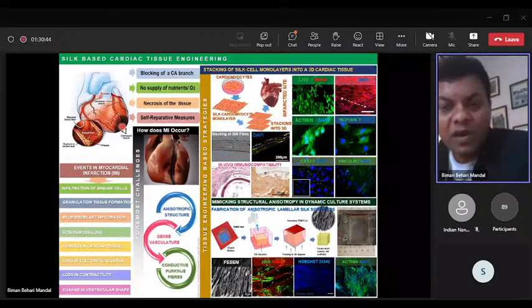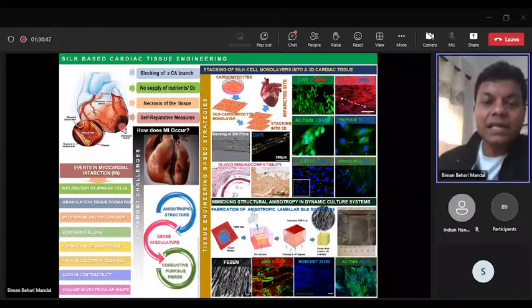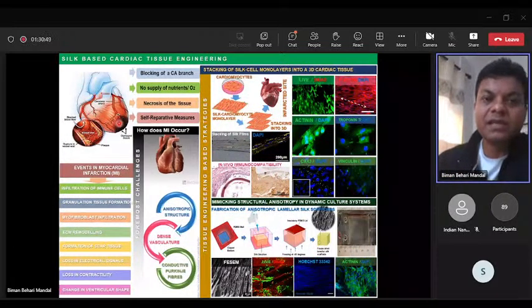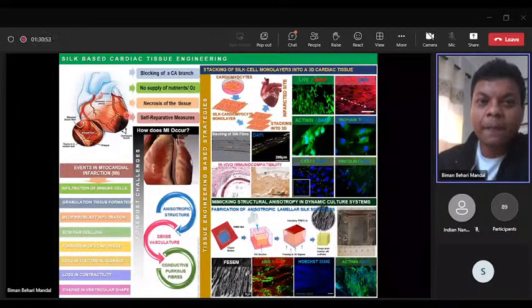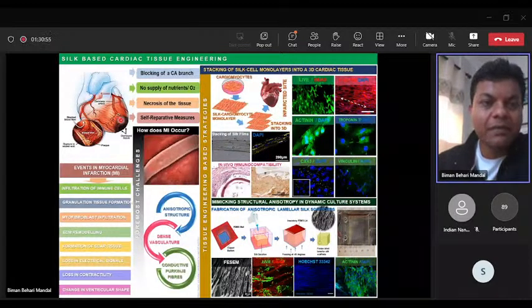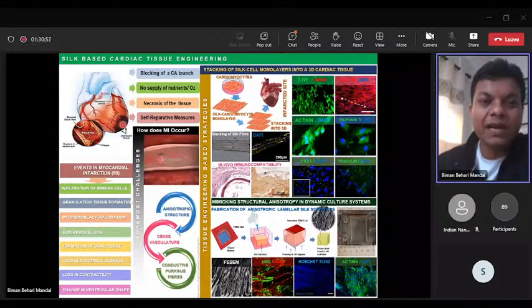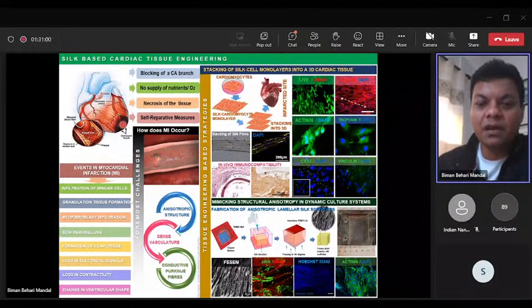Now, the problem is that the cells, once injected, do not reside. Most of them are lost in the process, and many die, and the function may not be entirely regained. That is the complication.